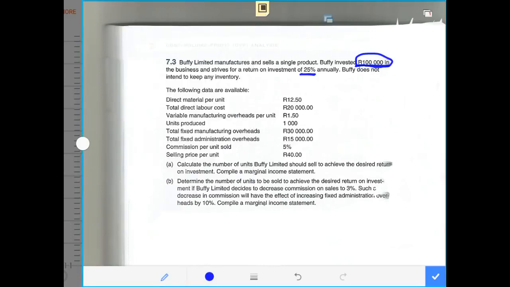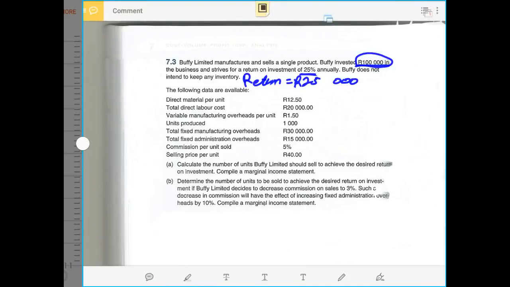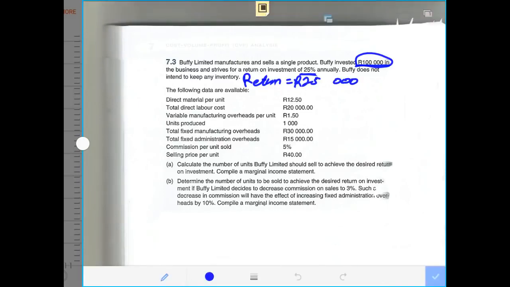It is 25,000 rands, meaning 25% of what he invested is what he wants to get as the return. Then it says Buffy does not intend to keep any inventory. So they don't want to keep any inventory at the end of the period, therefore there will be no opening inventory. Then it says the following data are available.